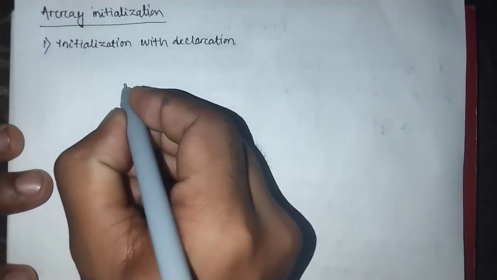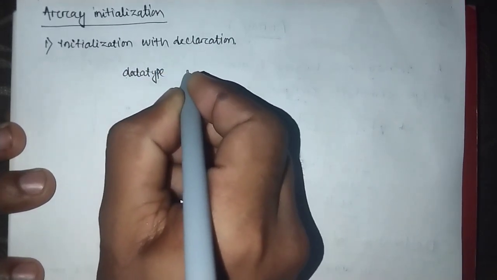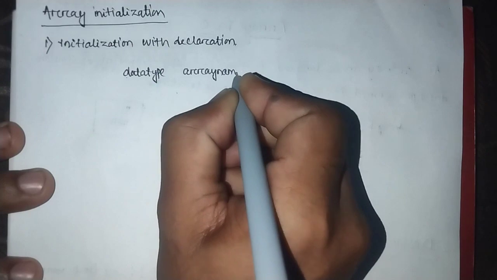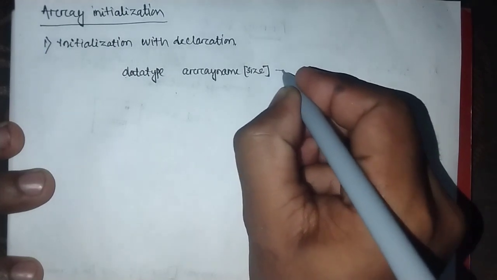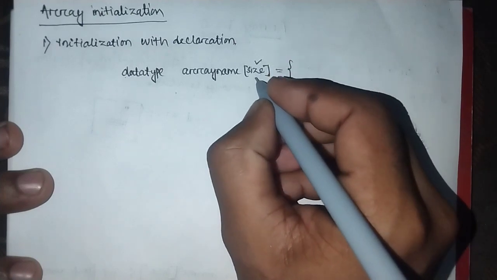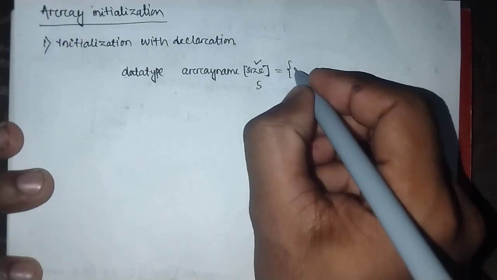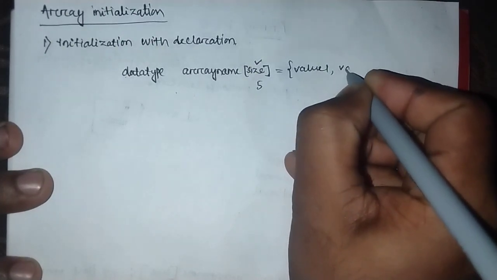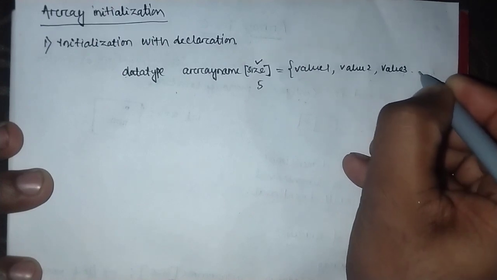The syntax is data type, then array name, with size, then in the curly brackets write as many elements as the size. If the size is 5, write 5 elements: value 1, value 2, value 3, dot dot dot, value n.